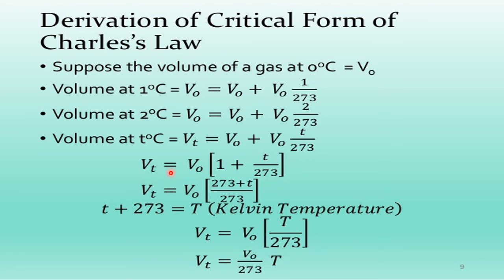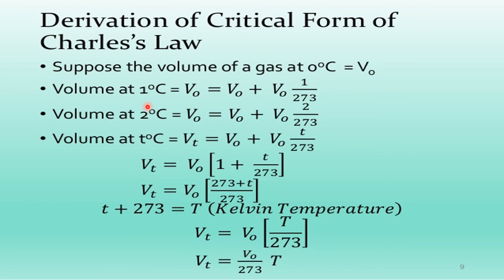Suppose the volume of a gas at 0 degree centigrade is V naught. These are general symbols. Volume at 1 degree centigrade is equal to V naught plus V naught by 273. Now volume at 2 degree centigrade, again 1 by 273 of the original volume, so it is V naught plus V naught into 2 by 273.